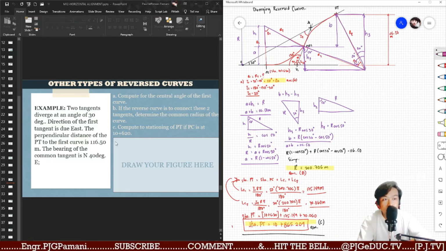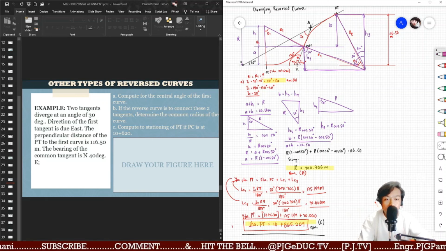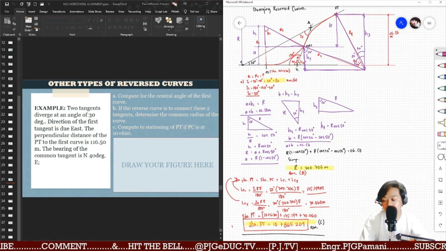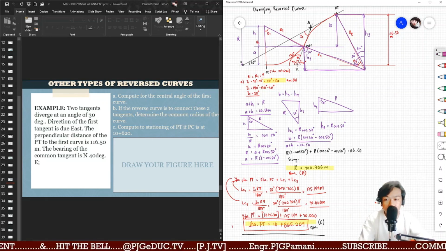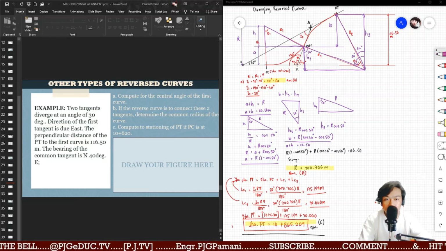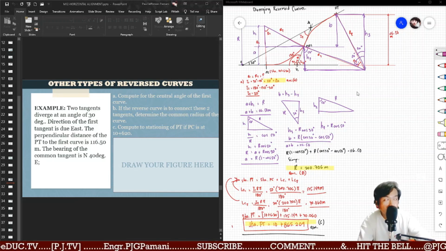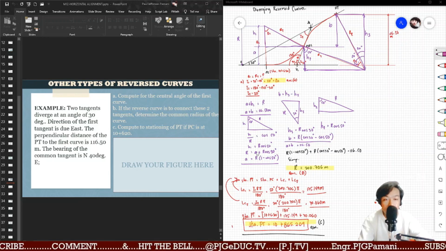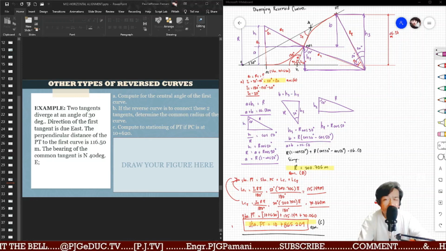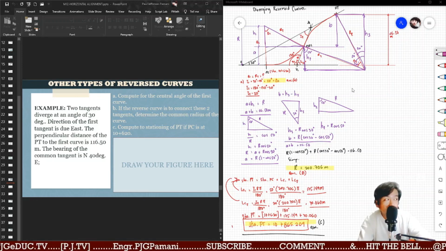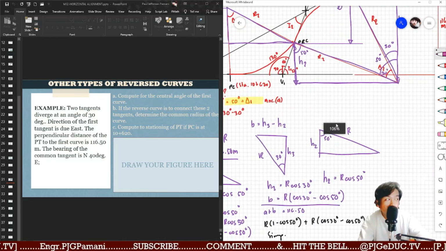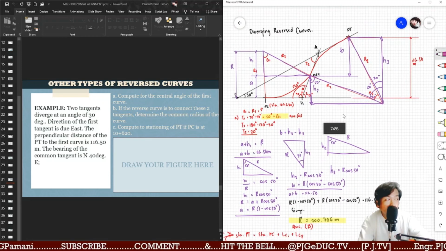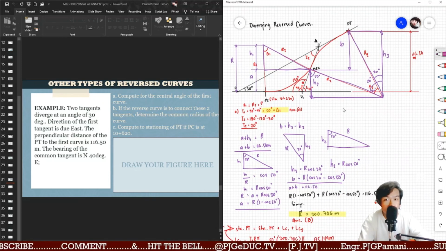Question for diverging. Concerns? Hello? Nasundan naman yung pagkuha natin ng H1, 2, and 3. Then yung A plus B. Hello?